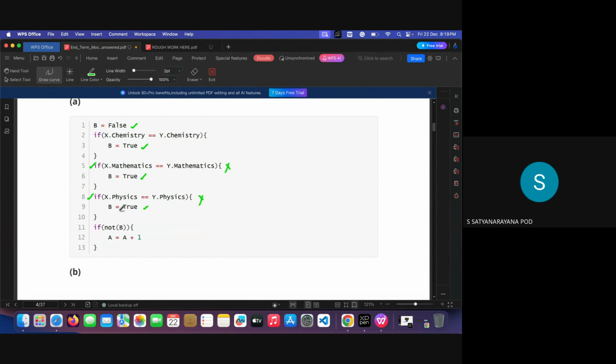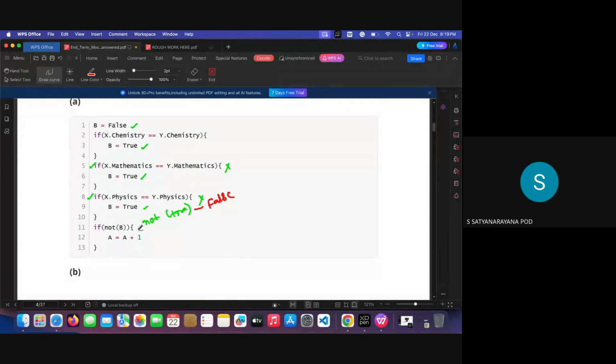That's one thing which is wrong in this. But anyway, we'll check it this way. Here, not B means what? Not true means it is false. Not true results in false. So what does the false mean? It means whenever unequal marks are there.